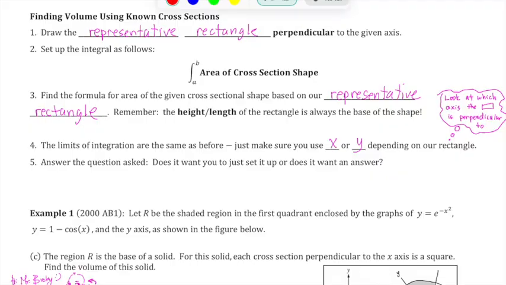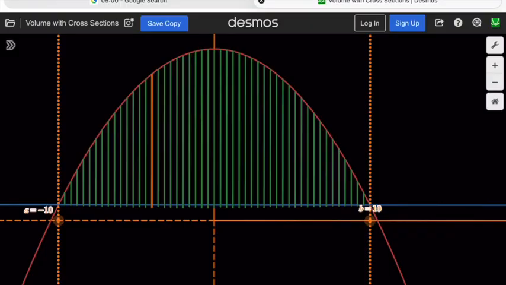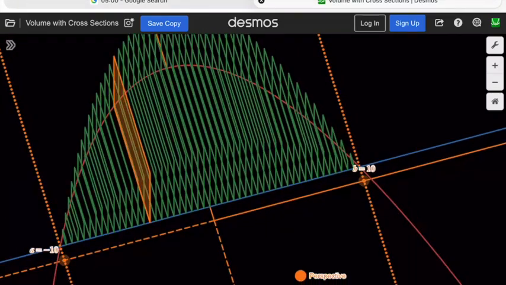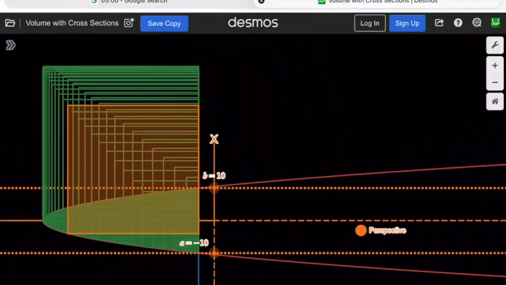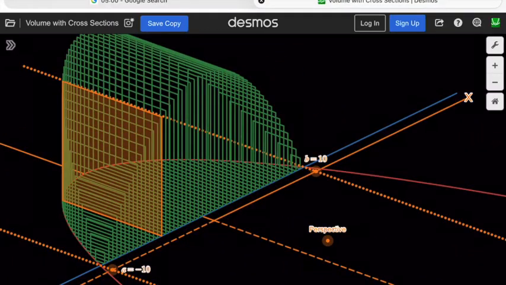So with all of that, let's look at this shape. This is an equation. It looks like it's a parabola of some sort. And notice that these little green lines are the cross sections. If we move, notice how each cross section in this example is a rectangle, right?